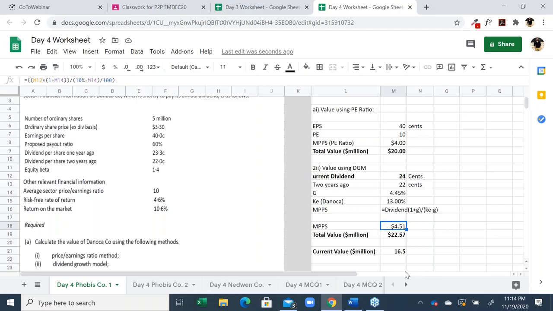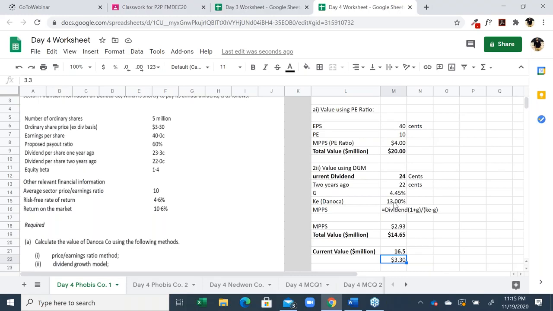So if the price that is actually prevailing in the market is $3.3 and the price predicted by the growth model is 2.93, the other reason might be that the investors' expected return is less than the return we have put into our formula.